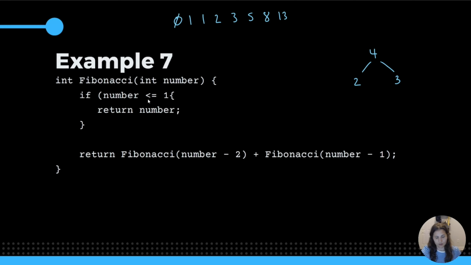So 2 is going to come in. 2 is not less than or equal to 1. So then it's going to call the Fibonacci sequence for 0, and the Fibonacci sequence for 1. And then 3 is going to call the Fibonacci sequence for 1, and it's going to call the Fibonacci sequence for 2.